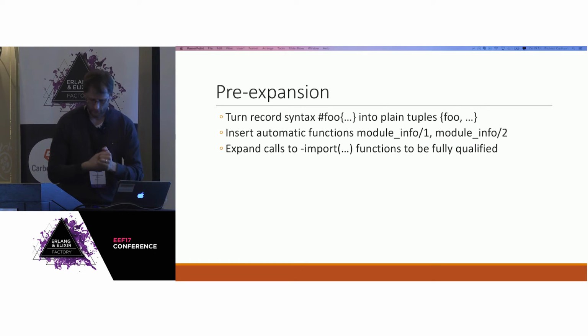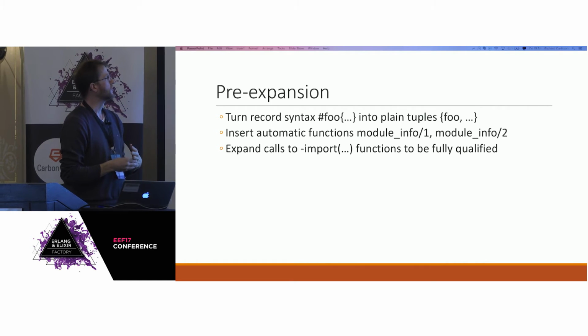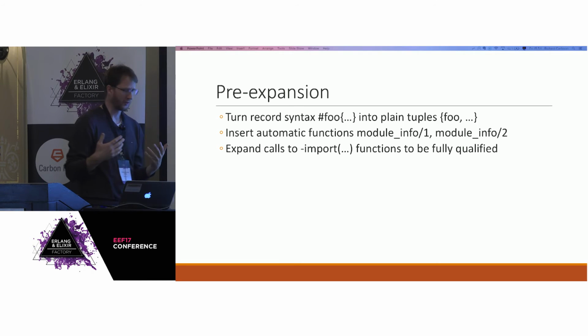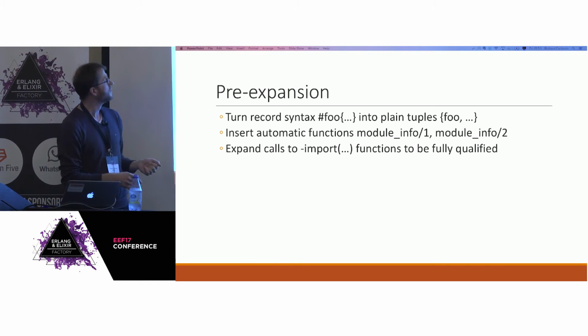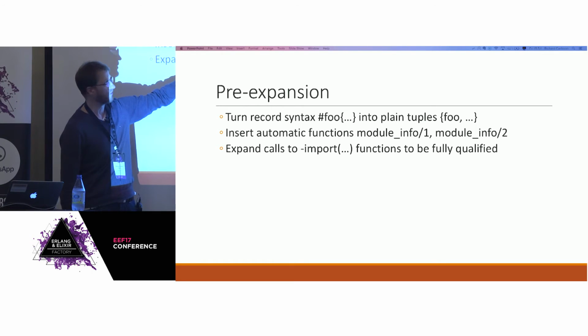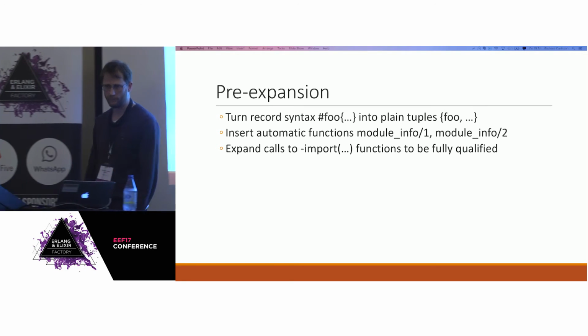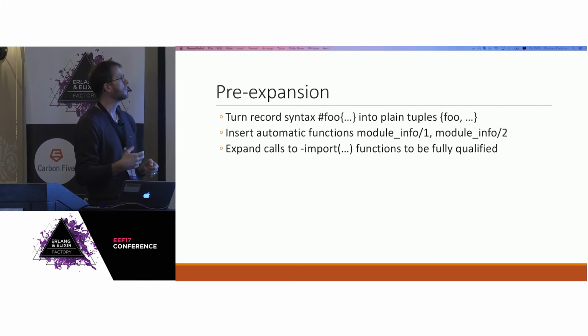Okay, so now we've entered the compiler proper. Then you get a pre-expansion step. So you probably know that Erlang's record syntax, not maps, but records, looking like this, is actually just an alias for plain tuples with a tag. And that's expanded away by this pre-expansion step.